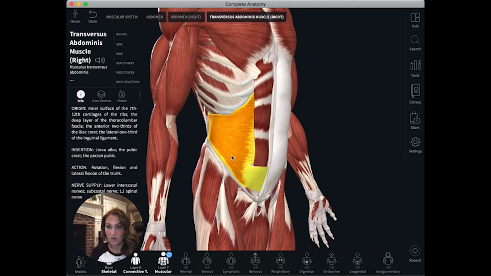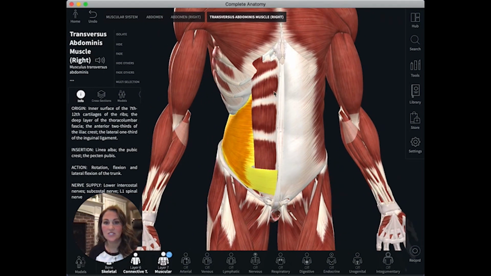When one side of the abdominal muscles contracts, excluding the rectus abdominis, though it probably helps a little, it causes a lateral flexion of the vertebral column. And when both sides contract, it'll cause you to do a crunch, or to flex your vertebral column forward.